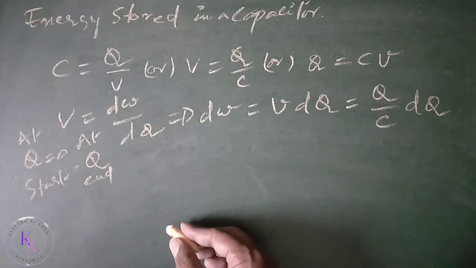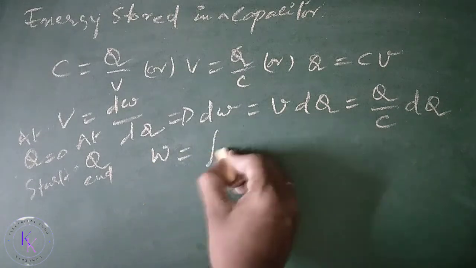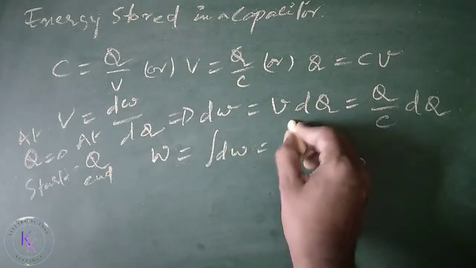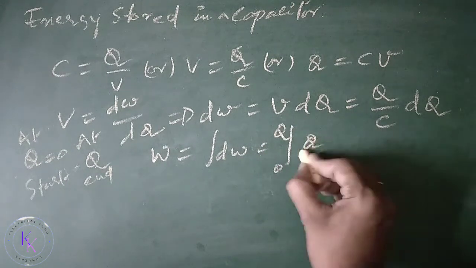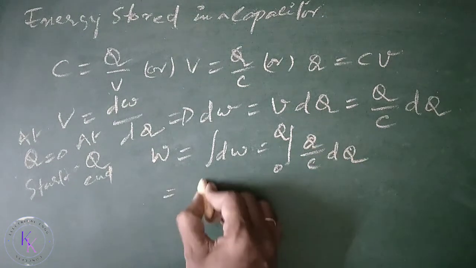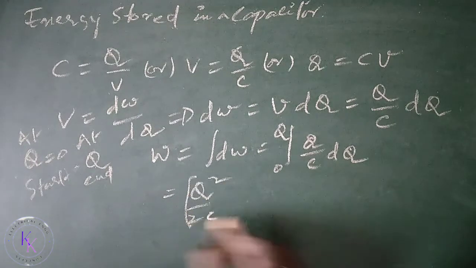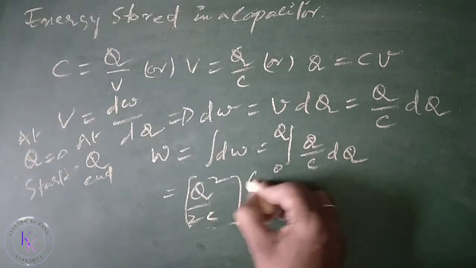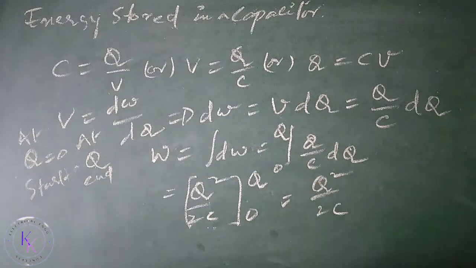The total work done in charging a capacitor, W equals the integral of dW, from 0 to Q, where Q is the final charge, of Q by C dQ, which gives Q square by 2C, from 0 to Q, so Q square divided by 2C.